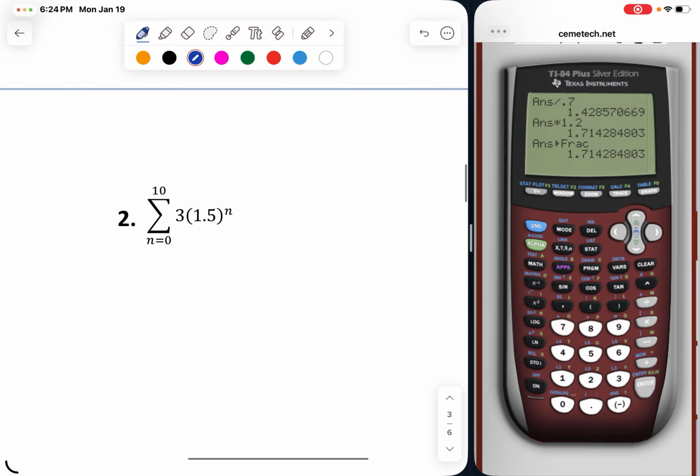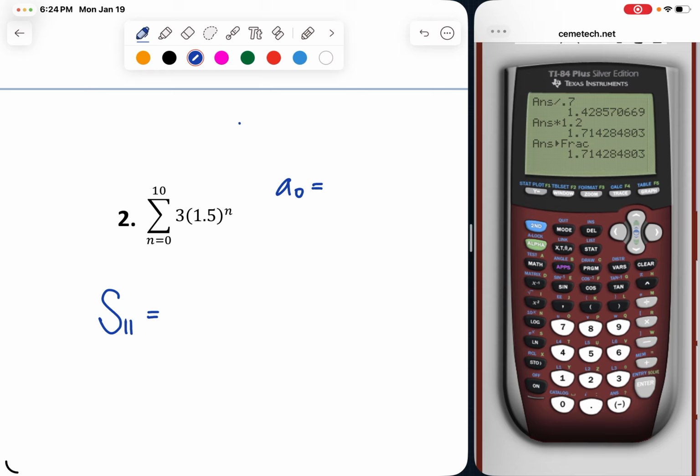Okay, let's look at the next one here. We want the sum of the first 11 terms. And if you're like, what, 11? Yeah, sum of 11 terms. 0 through 10 is 11 numbers, all right? Now we need the first term. The first term is a sub 0, not a sub 1.